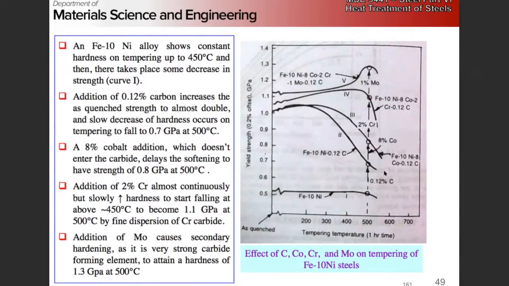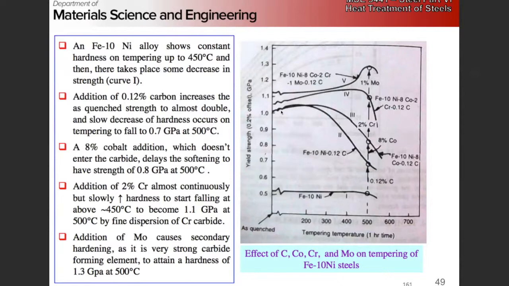The x-axis is the tempering temperature. If it's just solid solution strengthening with no martensite, you have no effect on tempering. So as quenched, if we have carbon in there, we've got martensite formation, and then softening on tempering. What is the reason for it? It's a little bit of aging.